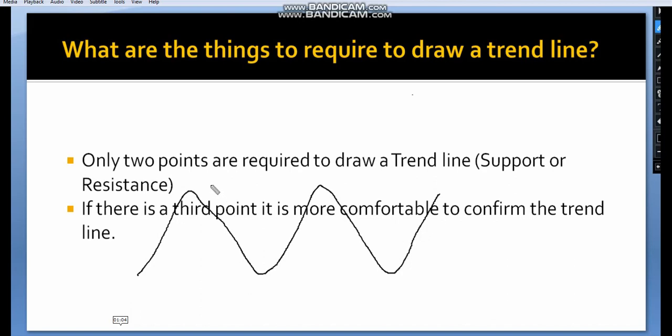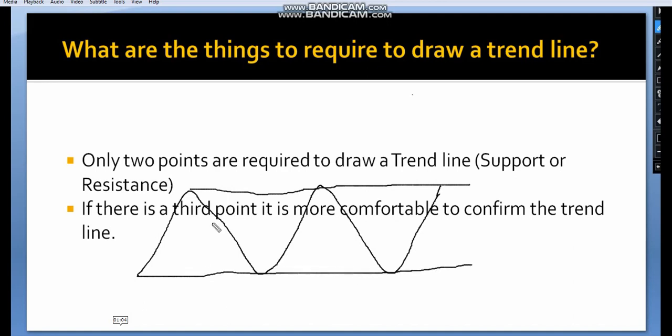So it is easy to draw a line with the confirmation. Like that, here also this is support area. So only 2 points are enough. If there is a third point or fourth point, it is well and good. We can confirm it very well. This is what we have mentioned here: if there is a third point, it is more comfortable to confirm the trend line.